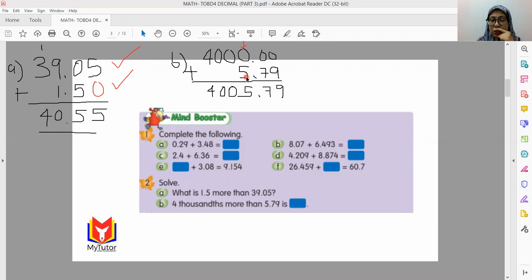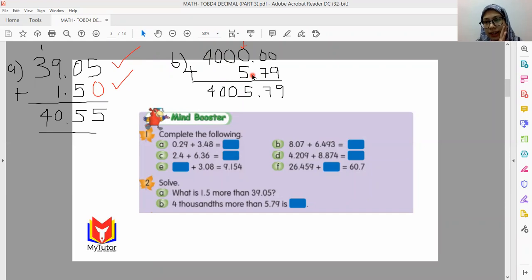Because 5 is only one digit number. It is accompanied with a decimal, 5.79, but it's still a one digit number. Because of that, we put 5 here.